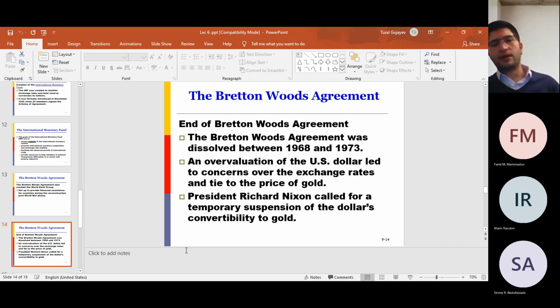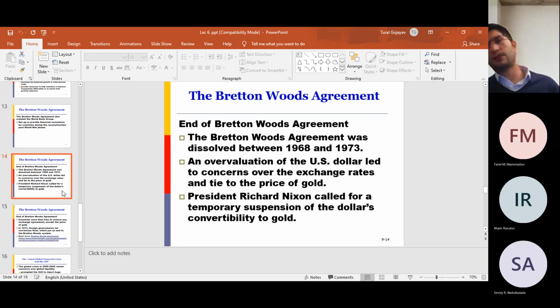First of all, this tie to the price of gold is called the gold standard. There was a standard, but currently it does not exist. The gold standard was used in countries, for example in the United States, in Britain, and some other European countries, but currently it is not used. So what is the gold standard? It was about balancing the value of currency based on the price of gold.